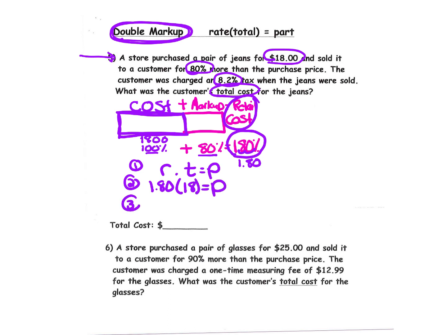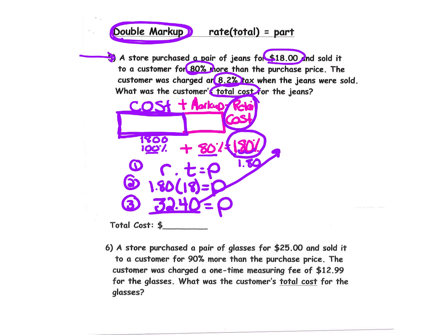Let's multiply and see what the retail cost is to the customer. 1.80 times 18. The customer will be paying $32.40.